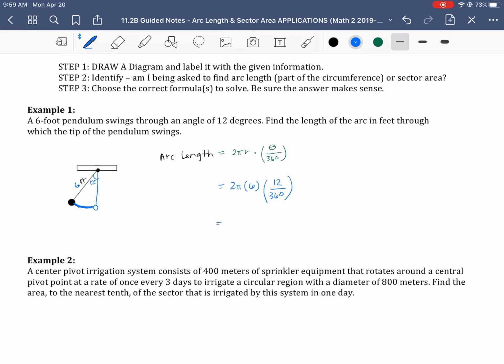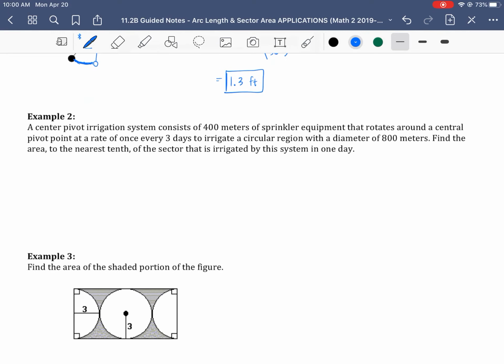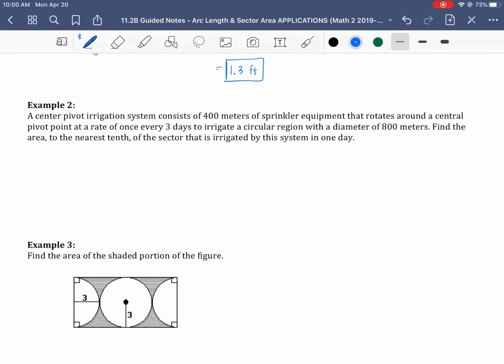So we've got 2 times pi, right, times 6, and then we multiply by that fraction. So sometimes I just do times 12 divided by 360, and it looks like it's swinging through about 1.3 feet. Okay, and again, we look back to make sure that that makes sense, right? If that's a 6-foot pendulum, it's not swinging very far with that 12 degrees, so that seems like it's about right. All right, that's arc length.